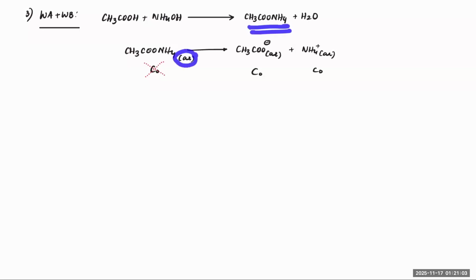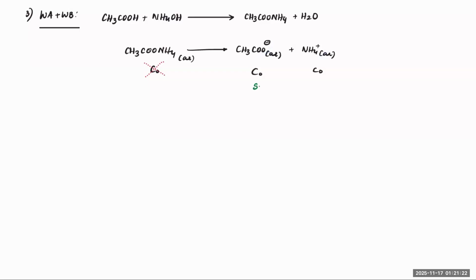It will ionize completely. So if the initial concentration is C naught, it will ionize completely. Got it? But you've got to understand one thing, that hydrolysis will take place because of CH3COO minus also and because of NH4 plus also.